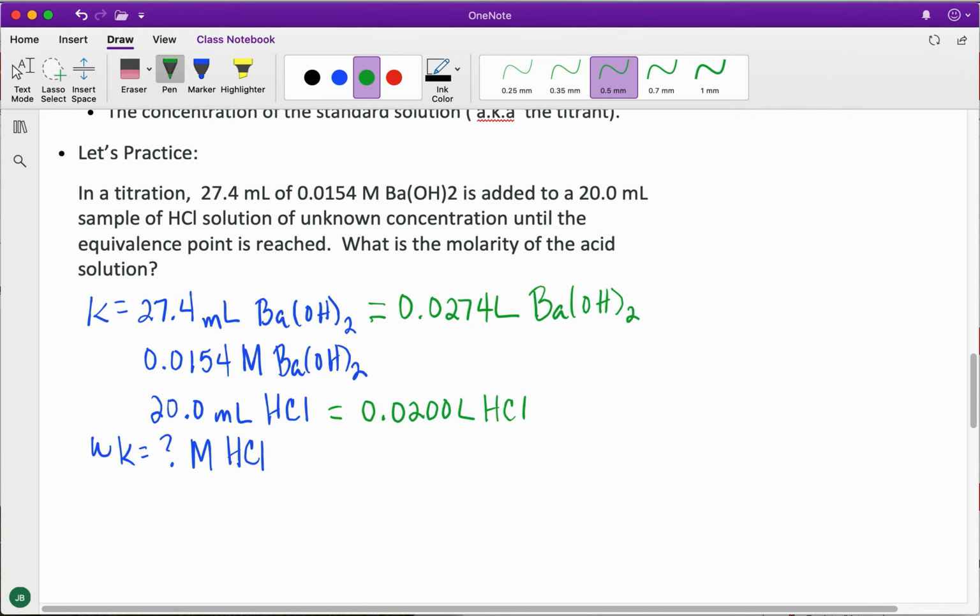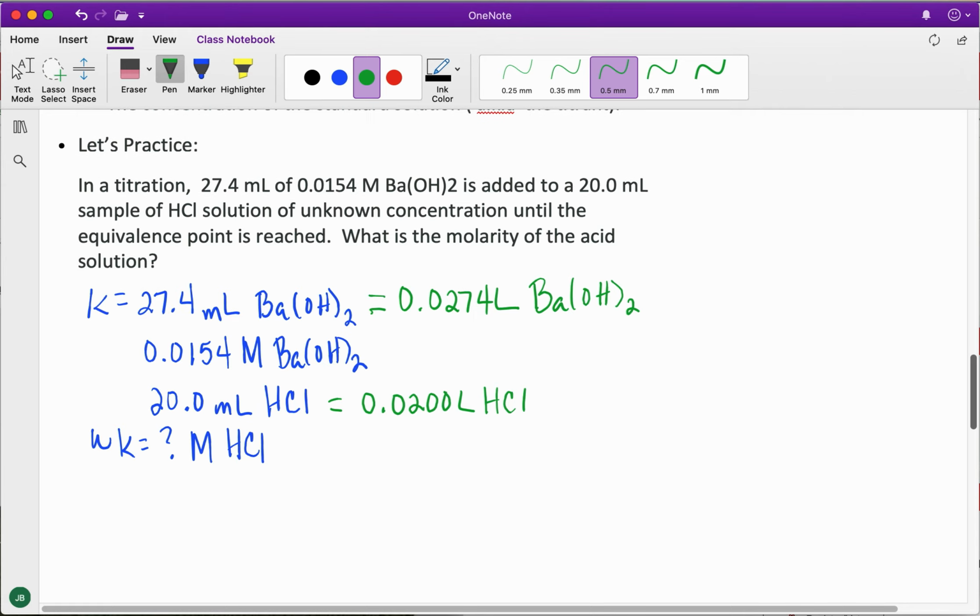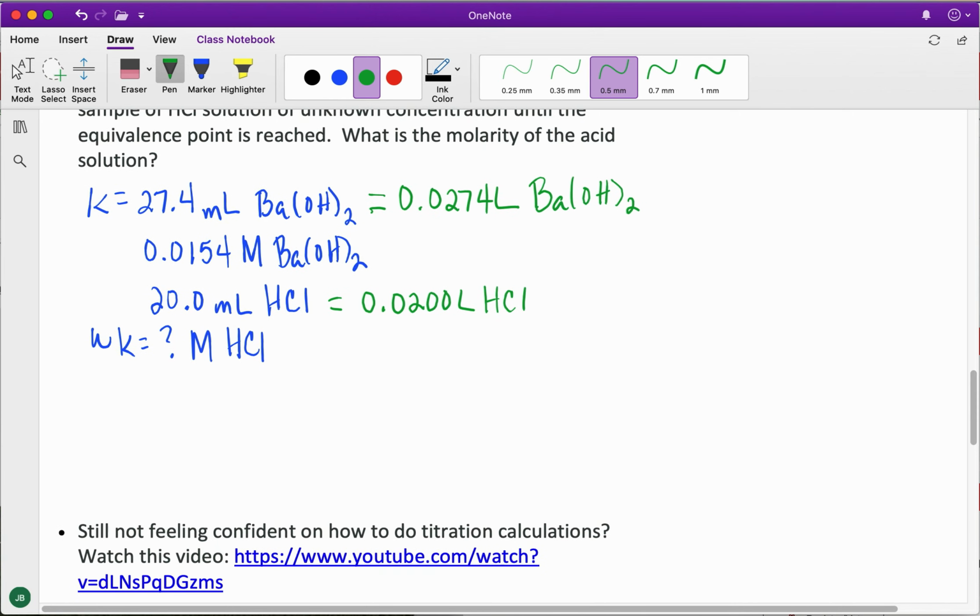Now, besides converting those mLs into liters, something else that you really should do is to go ahead and write out this reaction. So what we have here, once again, I'll do it in a different color. We have barium hydroxide plus hydrochloric.